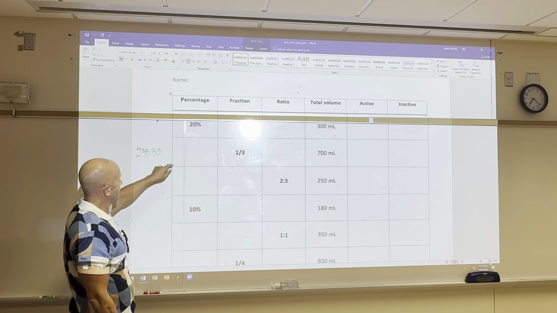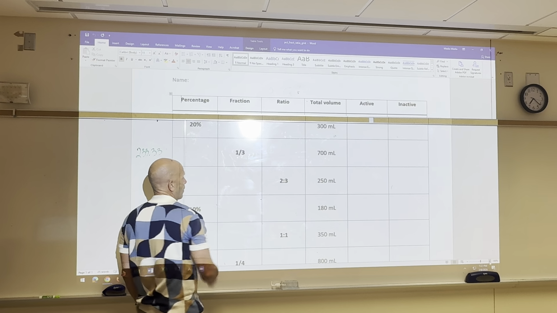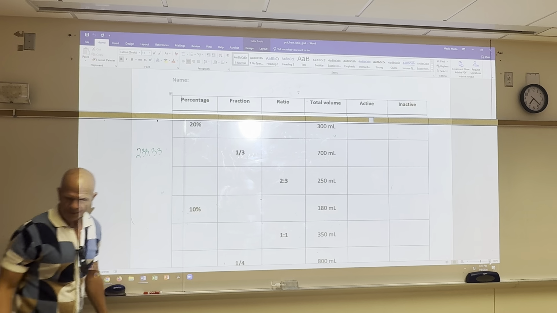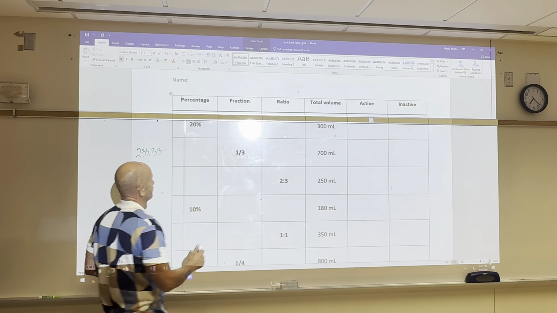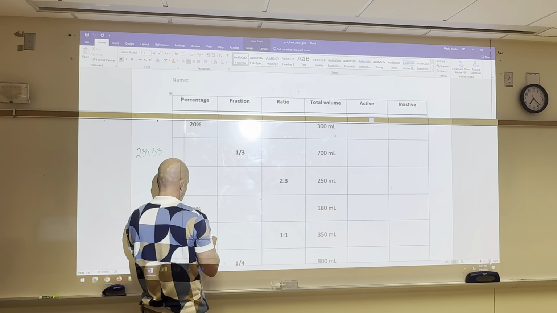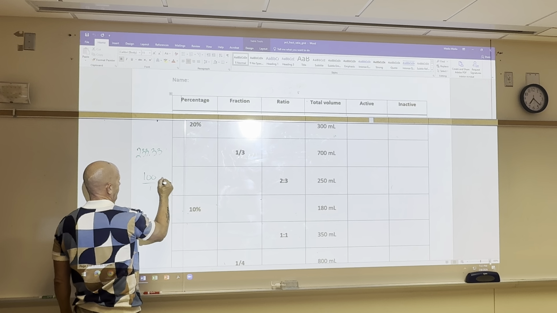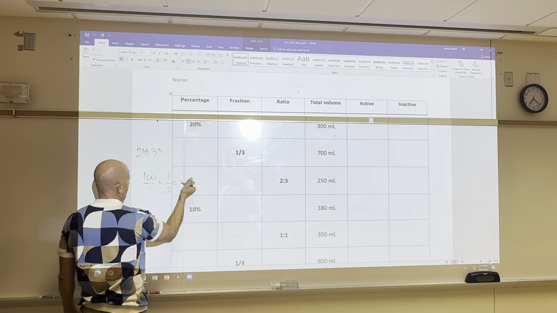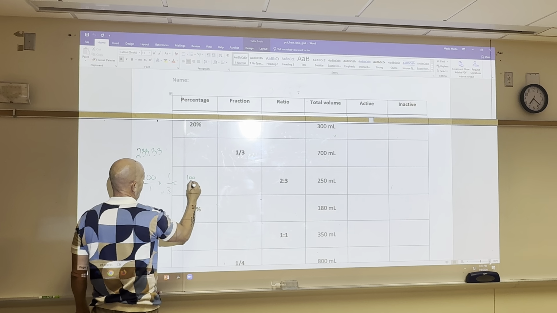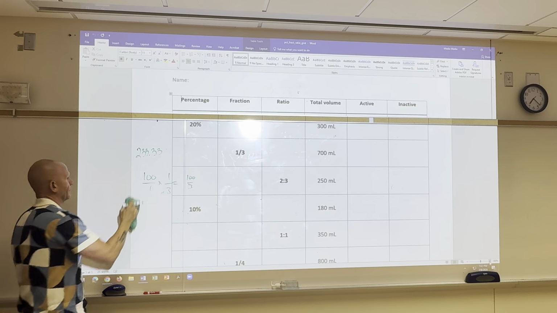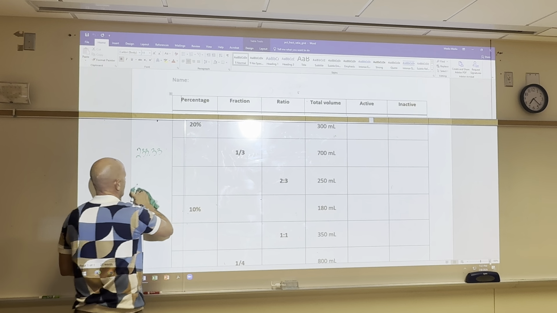So, what's our percentage? Well, what is 1/3 equal? 1/3 of 100, how do you get that? You do again, 100 over 1 times 1/3 equals 100 over 3, what do you get? 33.33333, right?